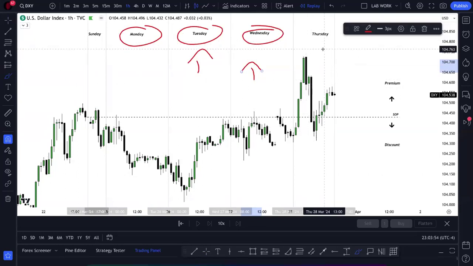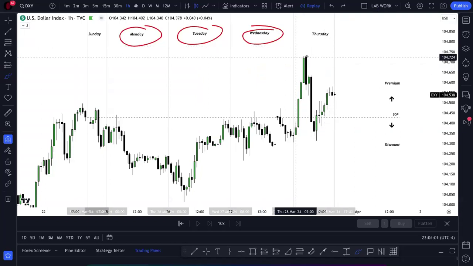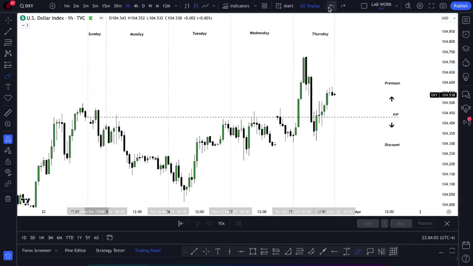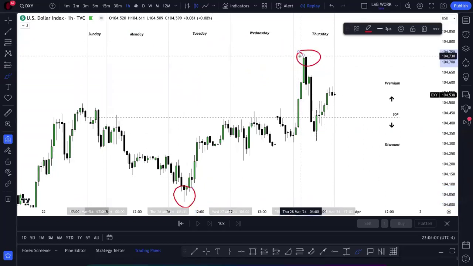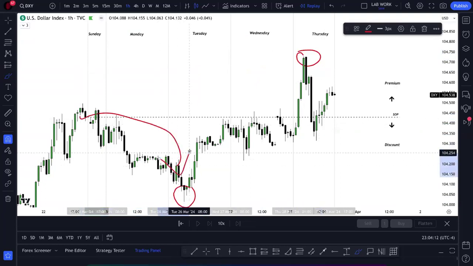You can see Thursday does, but we do have an early close. It wasn't a full day because of the holiday. But you can see how Thursday, for this week at least, made the high of the week. So Tuesday made the low, Thursday went to the high. But notice, it drops down first, then rallies up.